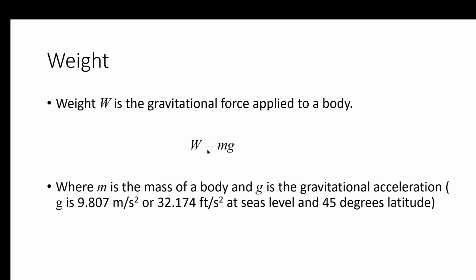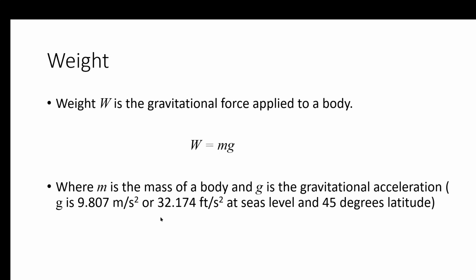All right, weight. Weight is just W equals mg, and g is the gravitational acceleration of the Earth, all right? It depends upon which unit system you're using, and this is at sea level and 45 degrees latitude. If you're using the SI system, it's 9.807 meters per second squared.